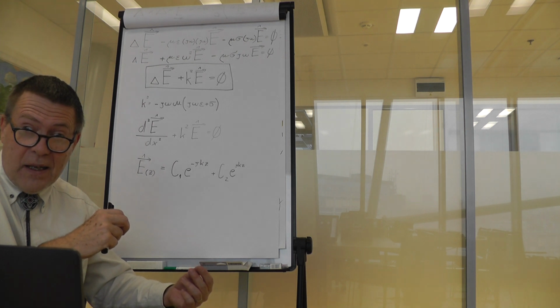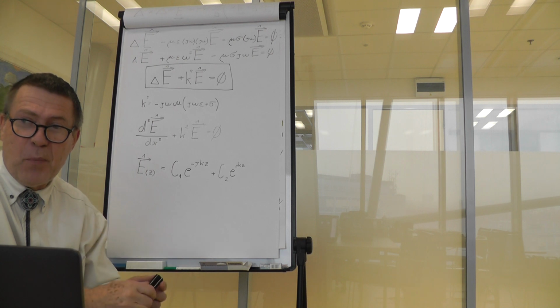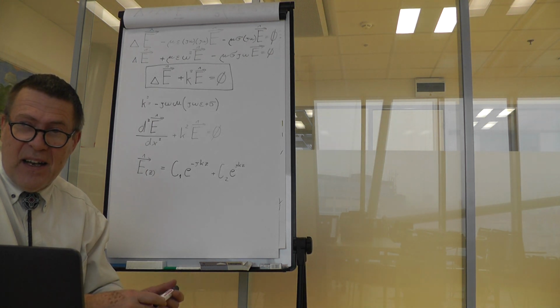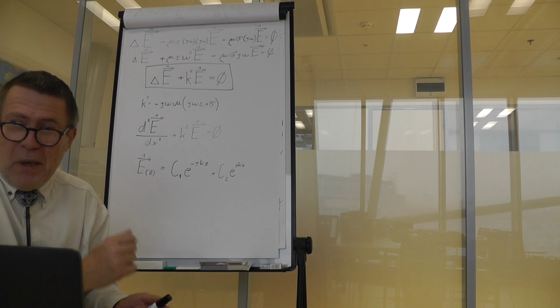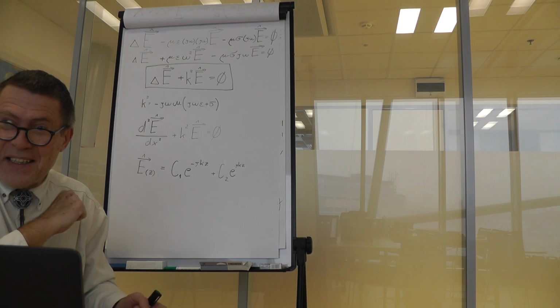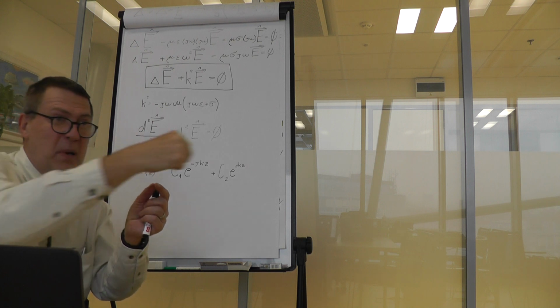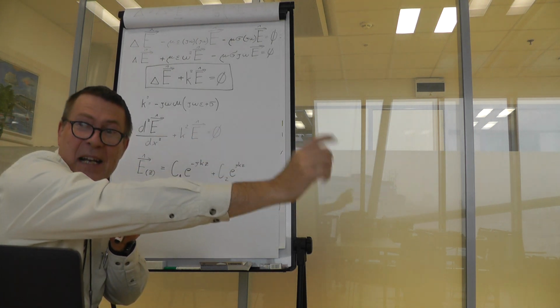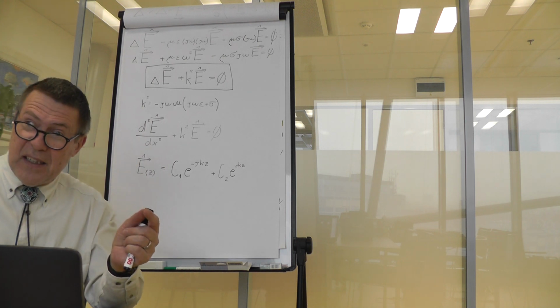Well, we have made the assumption that the wave propagates along the axis of z. Well, but there are two ways of propagation along the z-axis. One is from minus infinity z to plus infinity z. The other is from plus infinity z backwards to minus infinity z.